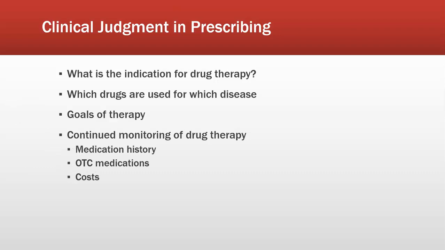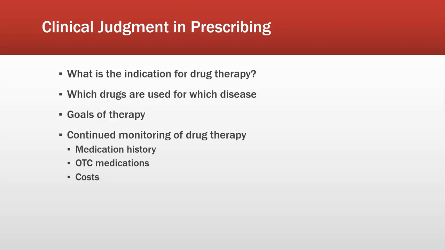And the cost. If you prescribe a medication that costs too much and the patient can't afford it, their adherence will be poor because they're not going to take it. If they have to choose between a $500 drug and eating dinner, they're probably going to eat dinner.